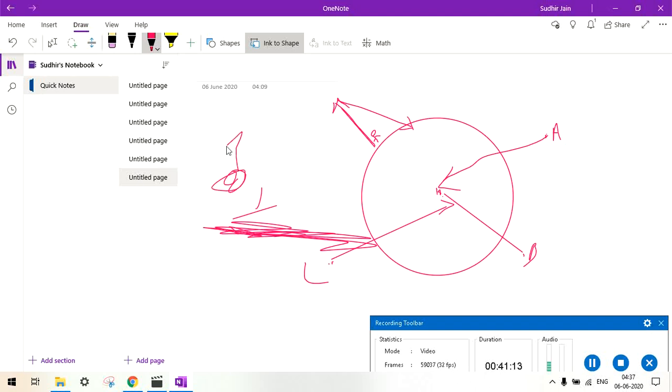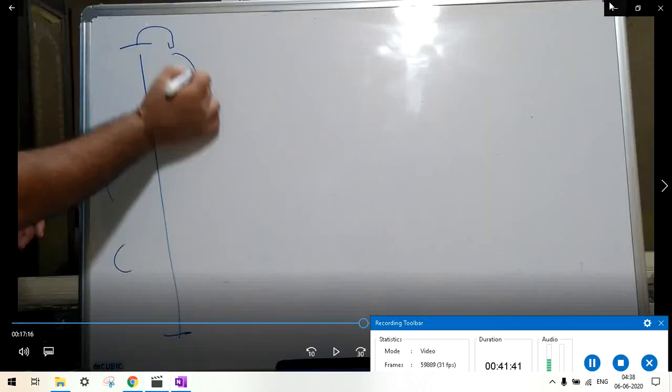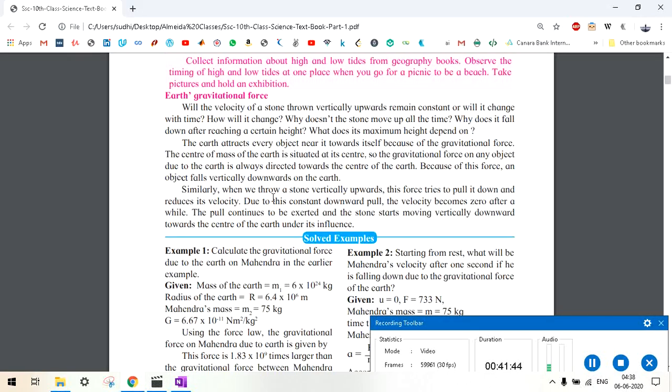If I throw it, it starts in the beginning at a good speed, and then the speed gets reduced, and at some point the speed becomes zero, and then it starts falling back and the speed starts increasing. Why? Because when it was going up, Earth's gravitational force was trying to pull it down, and because of this force, the object stopped at one particular point, and after that the object started coming back to the Earth.